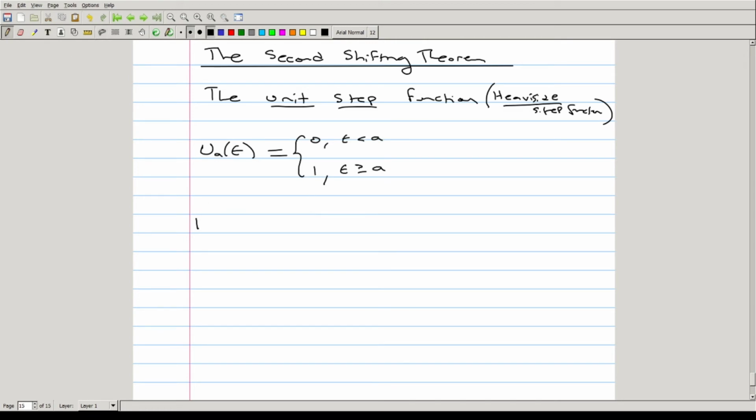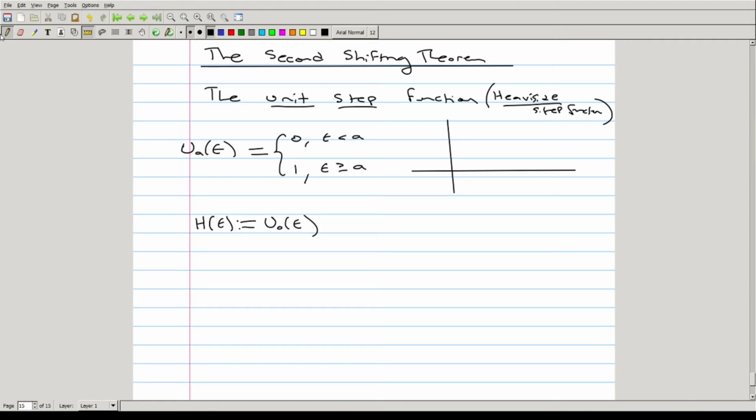And the Heaviside step function is just this function when a is 0. This is a function, as a function of t, that is 0 up to a, and then at a it jumps up to 1.